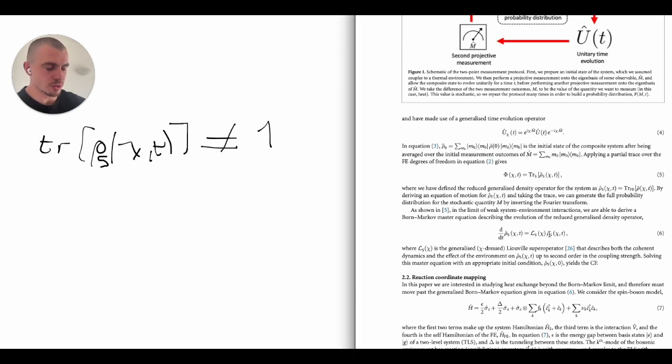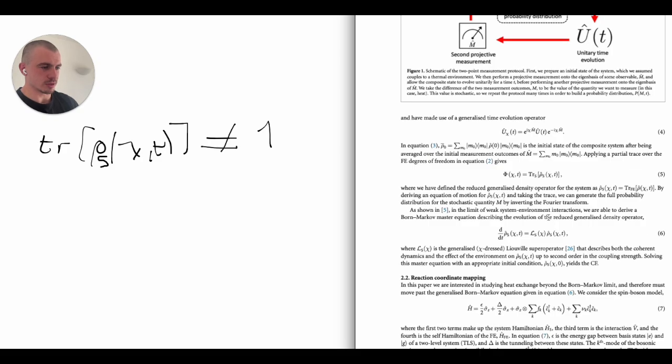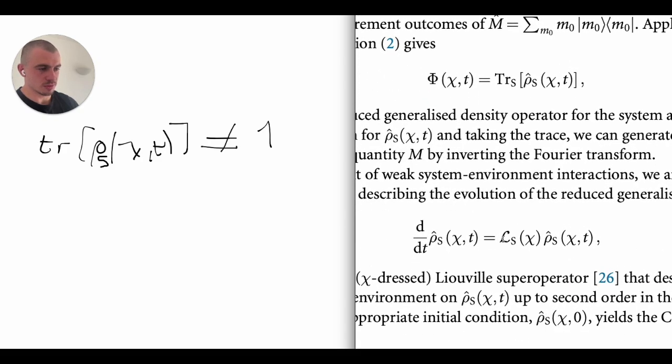So we have a master equation for the reduced generalized open system density operator. So how does rho_S(chi, t) change with respect to time? And essentially all that happens is that the Liouvillean, which describes the evolution of the state, gets a dependence on this counting parameter chi.